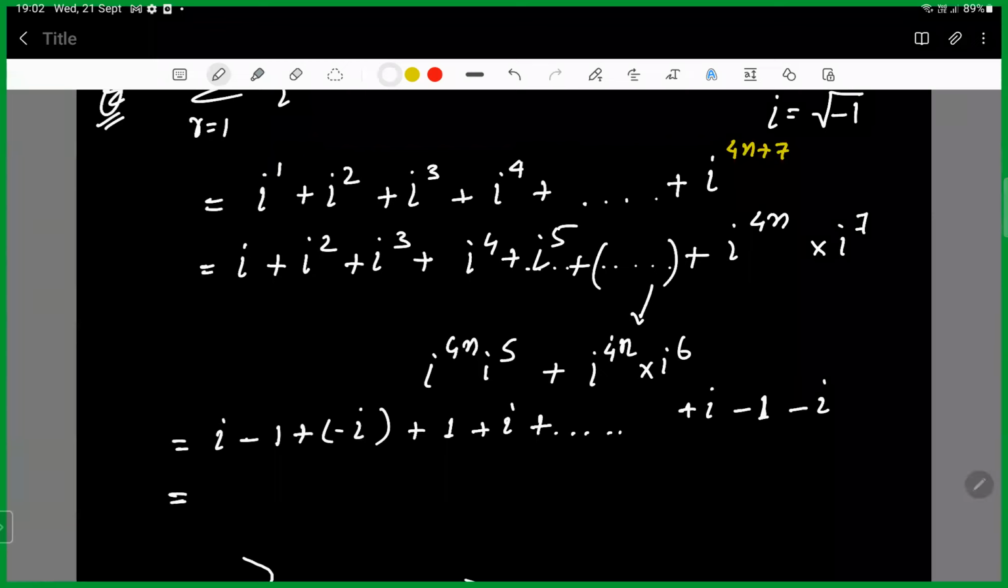And when you start cancelling with this term, this -1 and this one, only this -1 will remain, else other terms will get cancelled out, because these will be repetitions. So only this -1 term will remain. All other terms will get cancelled out.